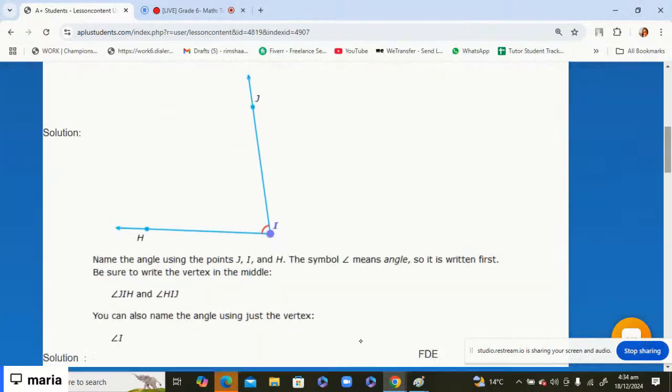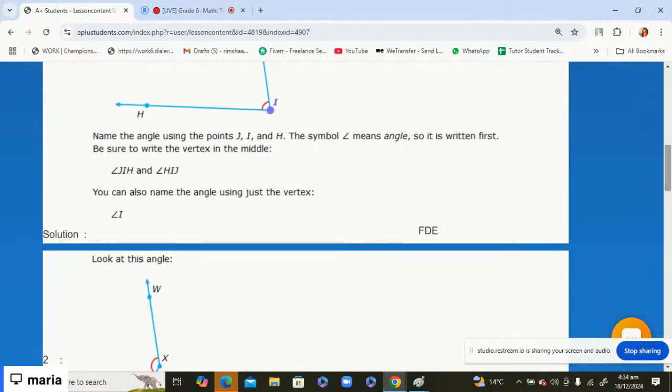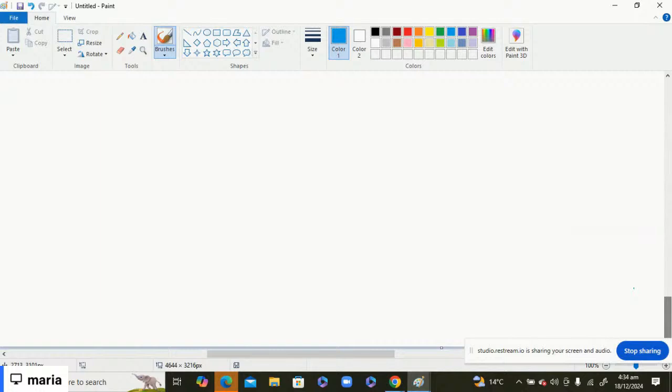And the sign shows the angle. Which sign shows the angle? Look at here. This is the sign of the angle. This one, okay?